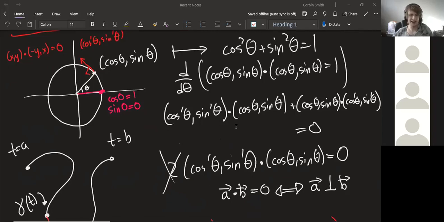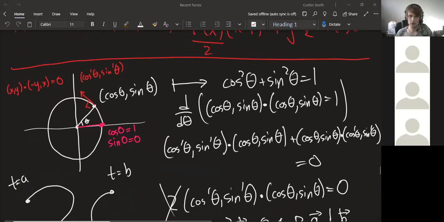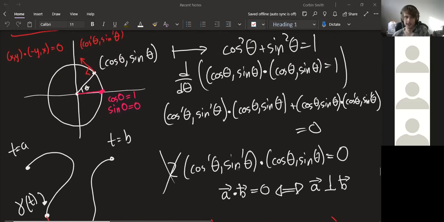All right, so let me just start out by reviewing how we got the series for sine and cosine. We said that we want sine and cosine to be the coordinate functions of a parameterization of the unit circle. So even though we don't know what the series are, they have to satisfy the identity cosine squared of theta plus sine squared of theta is equal to 1. If we factor that as (cosine theta, sine theta) dotted with itself and take the derivative using the product rule, we conclude that its derivative has to be perpendicular to it.